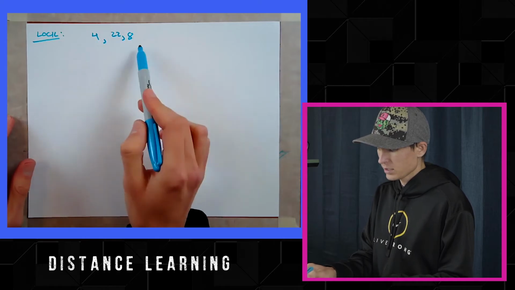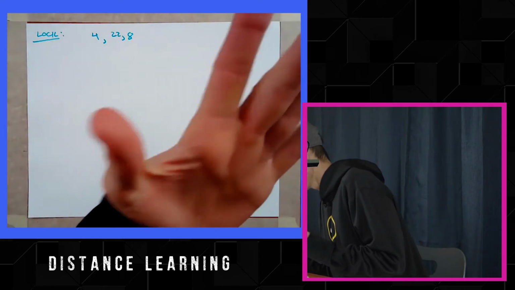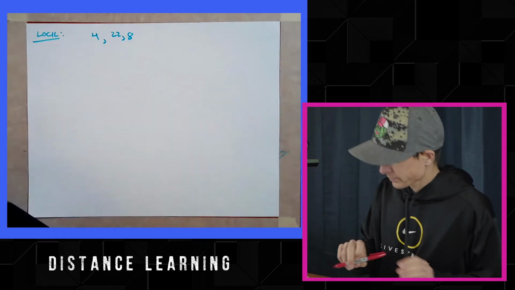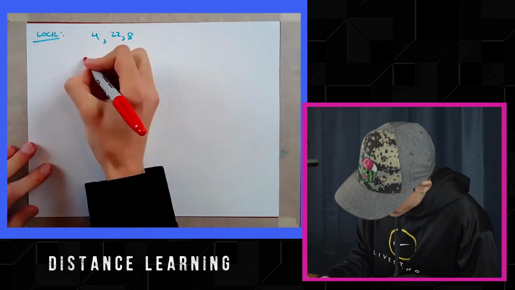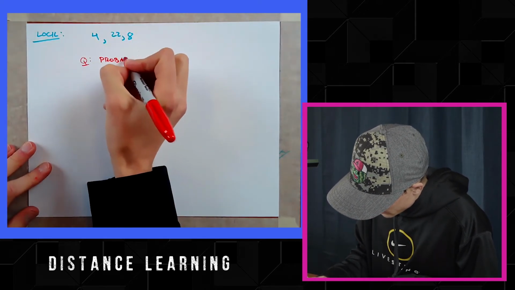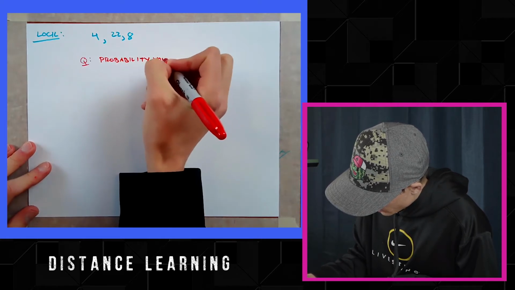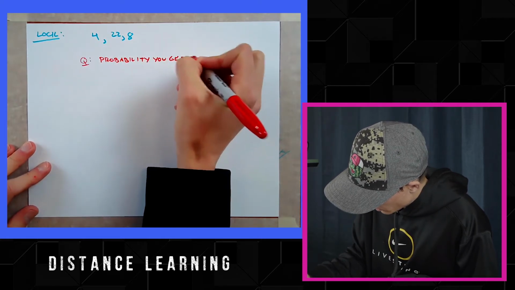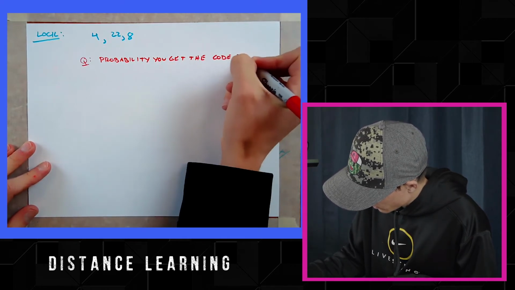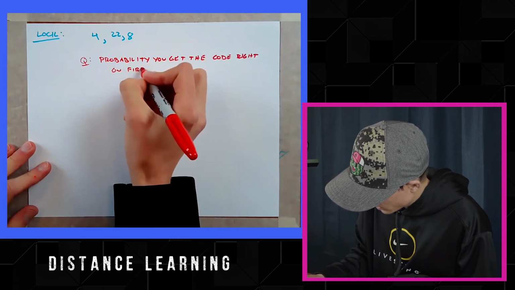Is it 22, 4, 8? Is it 8, 22, 4? You don't remember, you just know that those are my 3 numbers, but I had no idea what order they're in. So, the question is, what is the probability you get the code right on the first try?